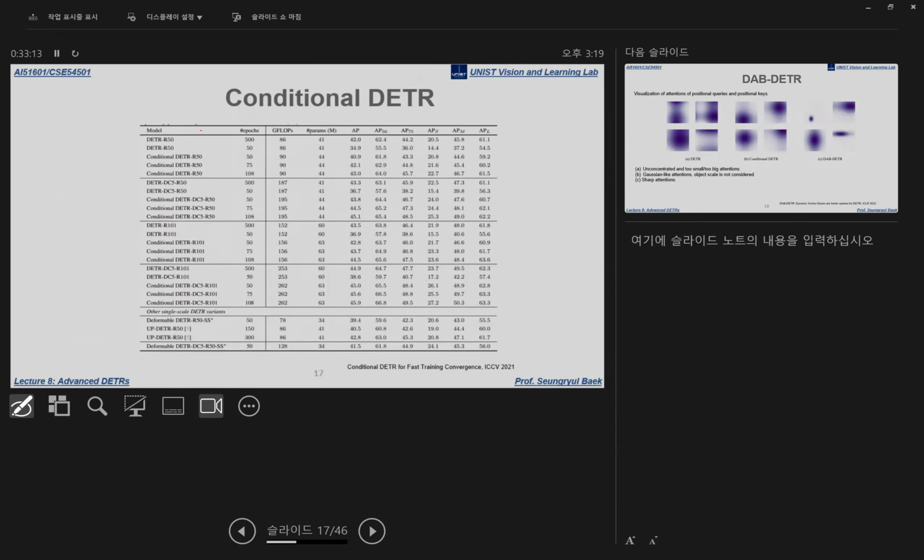And because of that, the conditional DETR converges faster than the original DETR. Even with 10 times fewer epochs, the conditional DETR is working properly. That's the difference made in this conditional DETR.